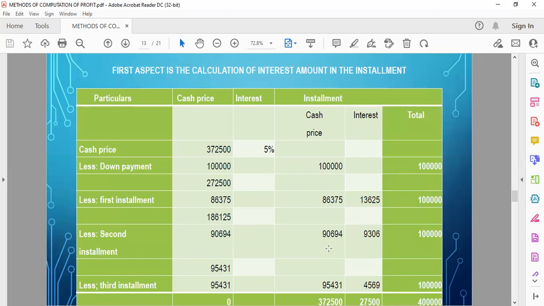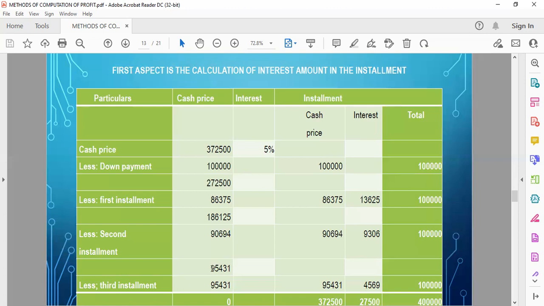Here you should write the cash price 90,694, and in the interest column the interest amount 9,306. Then you subtract this amount and you will get the balance amount 95,431. That is the final installment for the company.